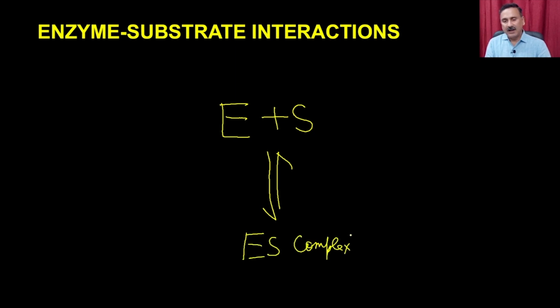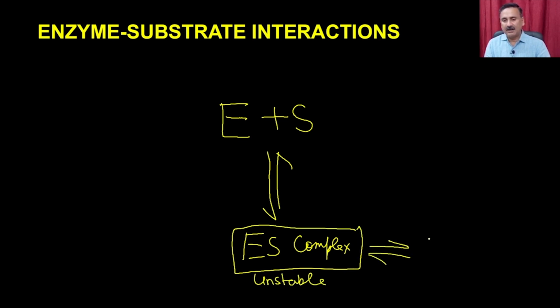And the enzyme substrate complex is an unstable state, so it is going to break down and form the enzyme product, because the enzyme substrate complex is a very unstable entity. So the substrate is converted into products, and this is also unstable, so ultimately the product is released.